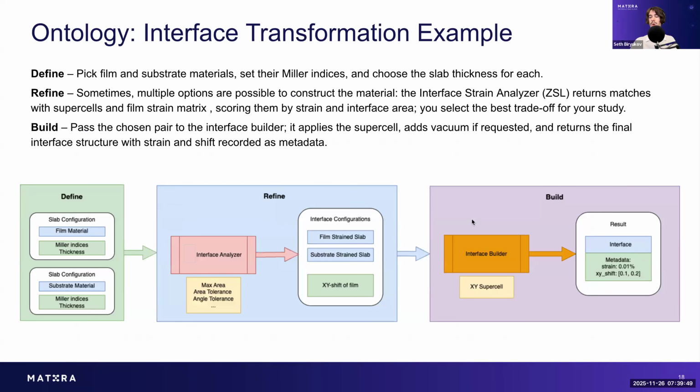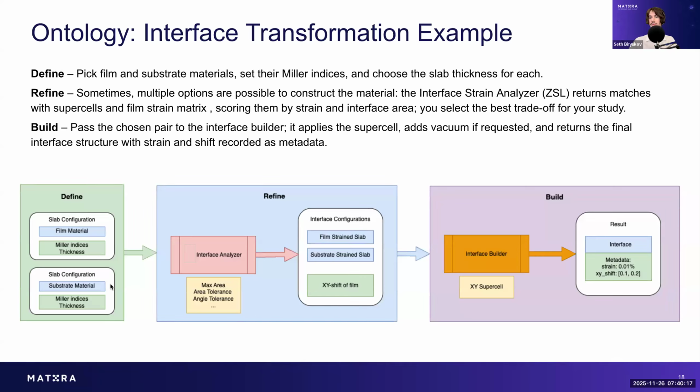Sometimes you might not know all of the parameters beforehand, and in that case, we need to split into three steps where we define, refine, and build. For example, if you want to create an interface, you need to create two slabs and match them so that they are commensurate.